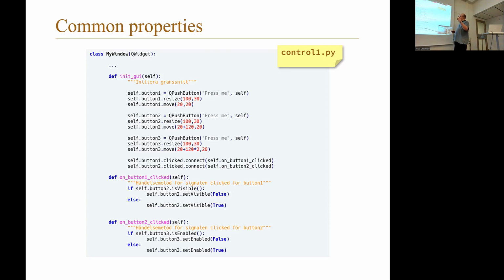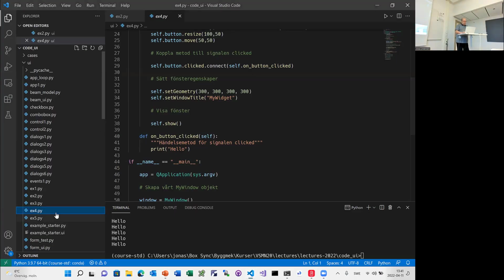So when I click the first button once, it will hide the button. If it's invisible, it will show the button with set visible. The second button here, if I click the second button, if the button is enabled, it will disable that button. Otherwise, it will enable that button. So this is a very synthetic example of how that works. You can actually run these methods yourself.